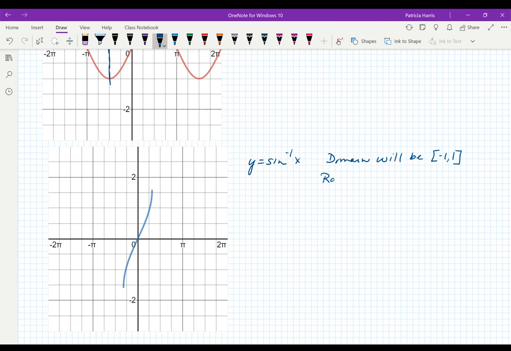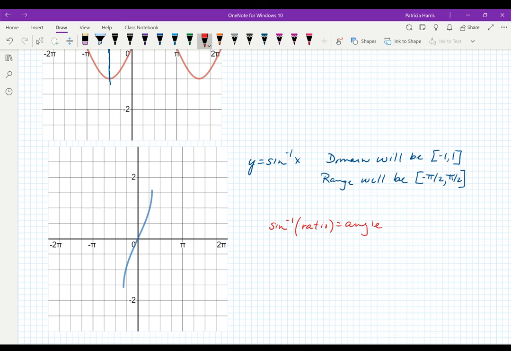Its range will be negative pi over 2 to positive pi over 2. Okay, so when you use an inverse function, what you're doing is you're taking a ratio and telling me what angle goes with it.